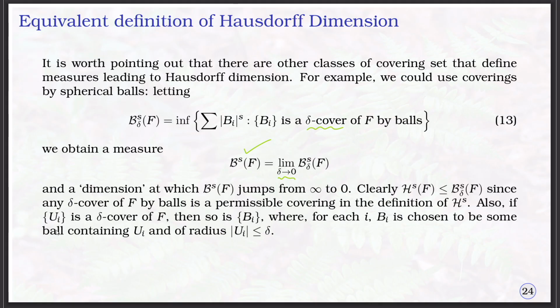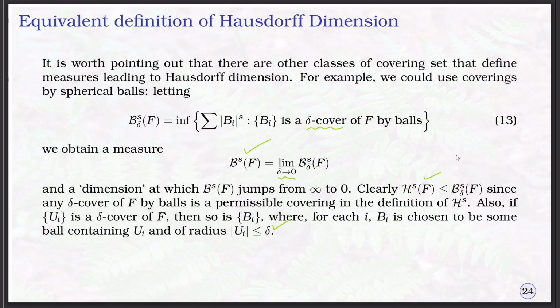Also, if any U_i is a delta cover of F, then so is B_i, where for each i, B_i is chosen to be some ball containing U_i, of diameter less than or equal to delta.